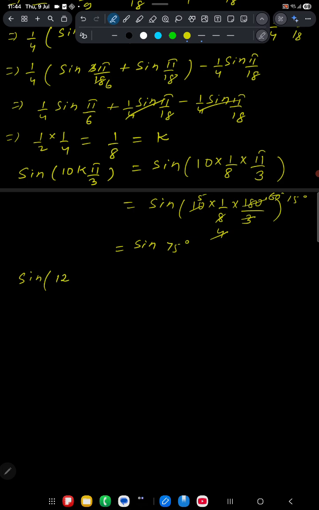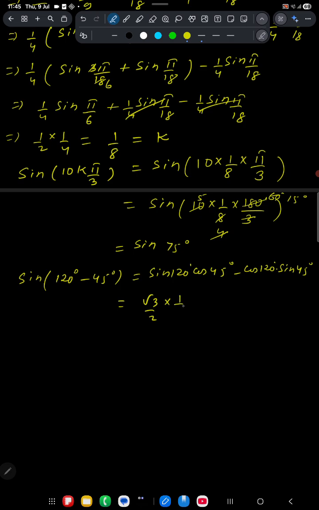Sine of 120 degree minus 45 degree, which gives sine 120 degree cos 45 degree minus cos 120 degree into sine 45 degree. Sine 120 degree means sine of pi minus 60, so it will give you sine 60 degree, that is root 3 by 2.